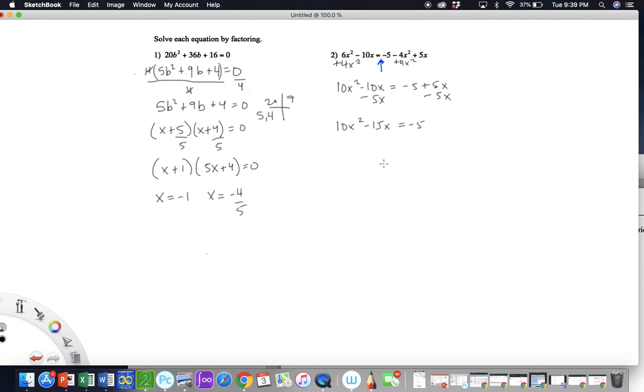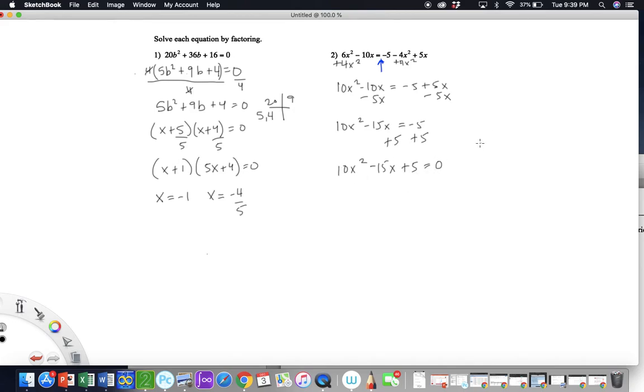Okay. And my last and final step is I need to move this 5 over here because I need to have the quadratic equal 0. So again, I have 10x squared minus 15x plus 5 equals 0. All right. So I've accomplished my goal. The quadratic equals 0. So now I can start that factoring process.